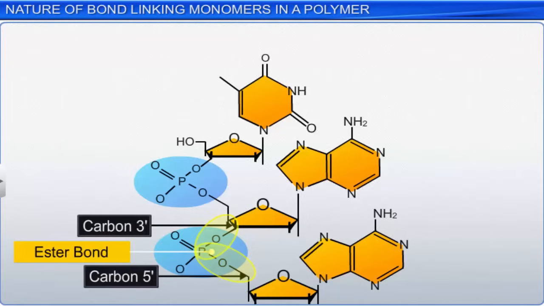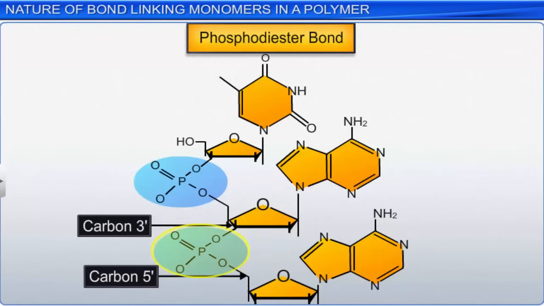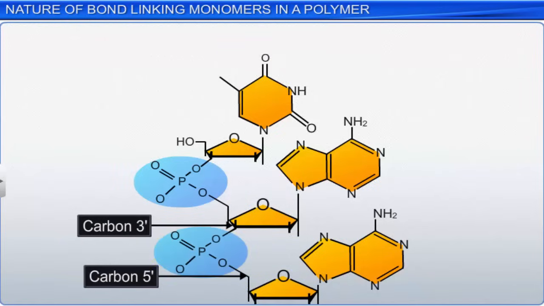The ester bonds formed by the phosphate group between the 3rd and 5th carbon atoms of adjacent pentose sugar rings are called phosphodiester bonds. This bond links 3' carbon atoms of one sugar molecule with the 5' carbon atoms of an adjacent sugar molecule.